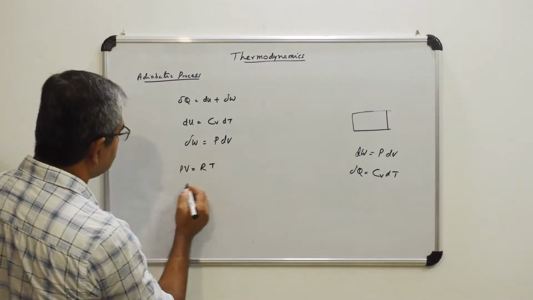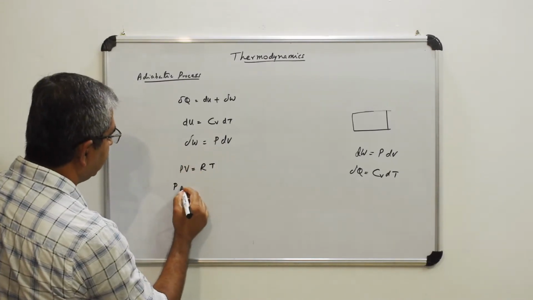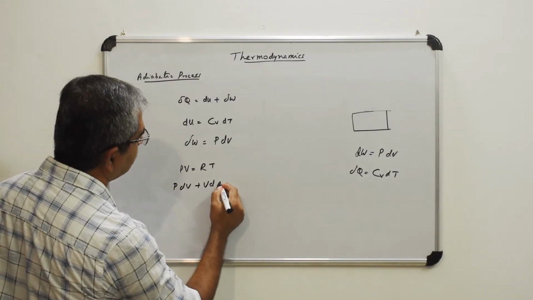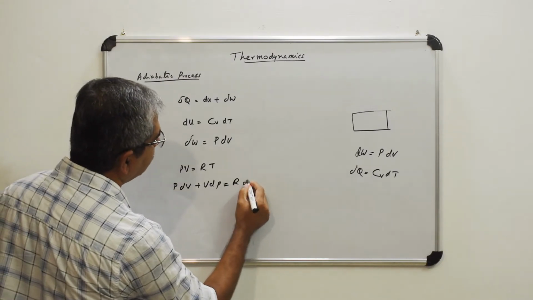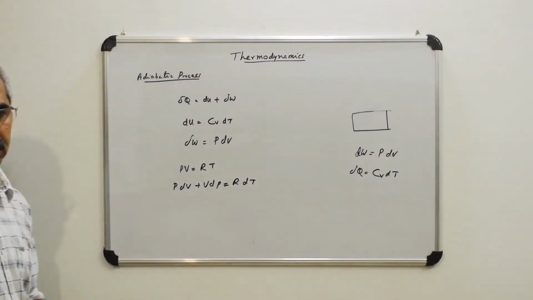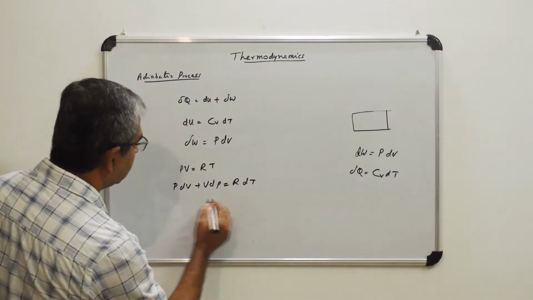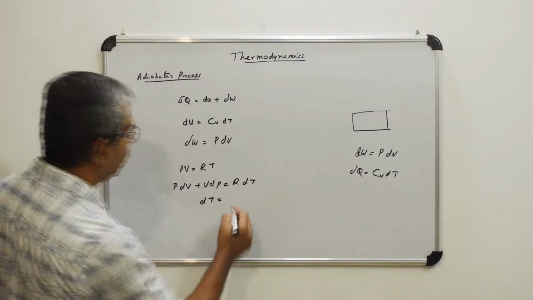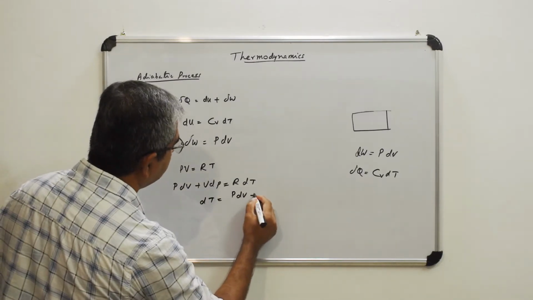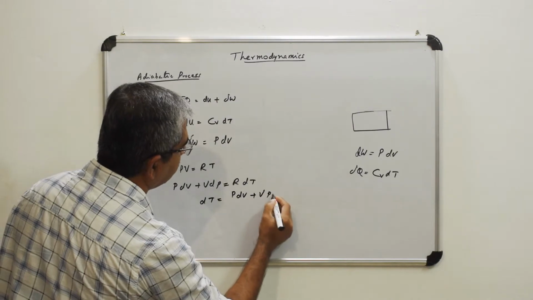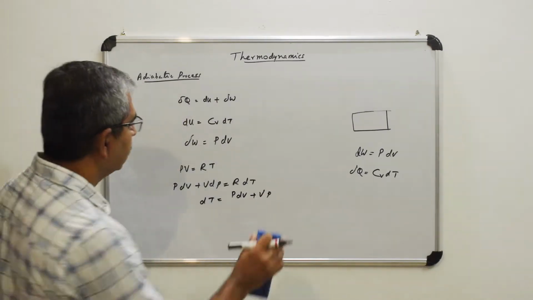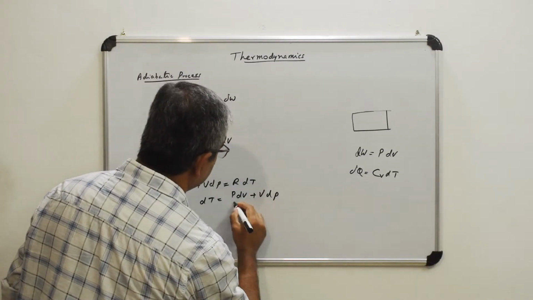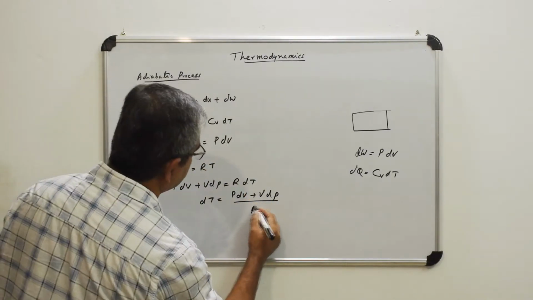So differentiating this one, you can write it as P dV plus V dP equal to R into dT. Now what is dT? From this equation you can write dT is equal to P dV plus V dP divided by R.